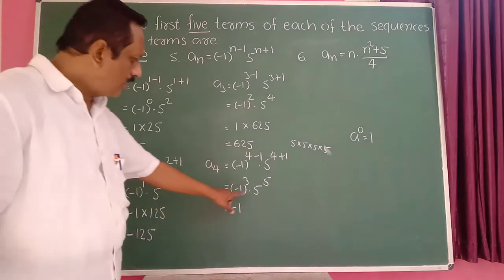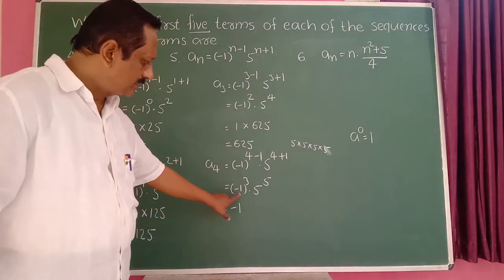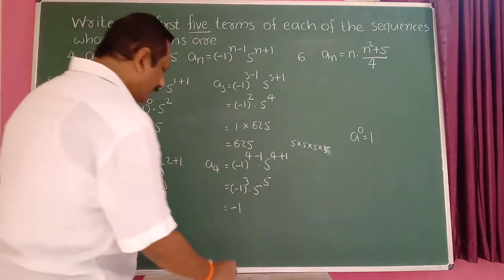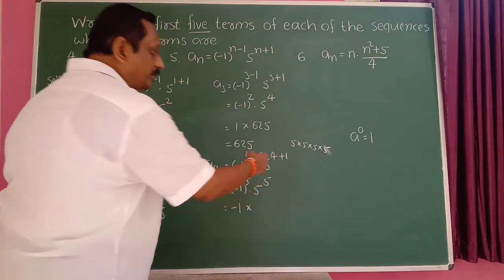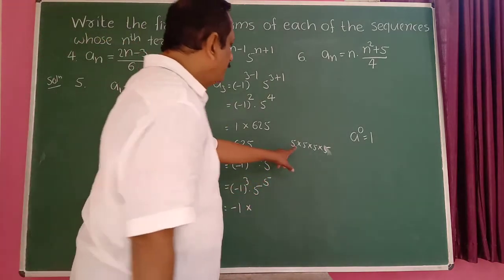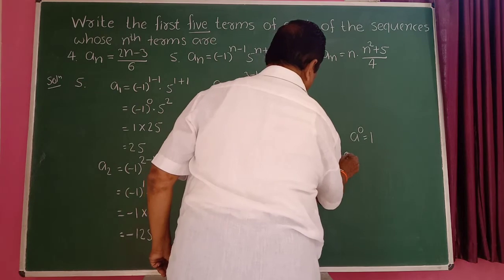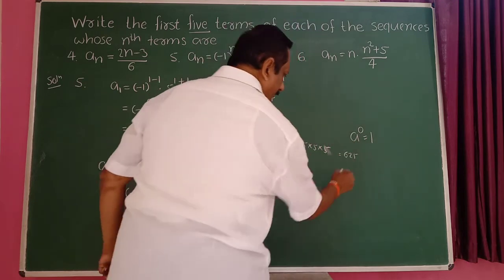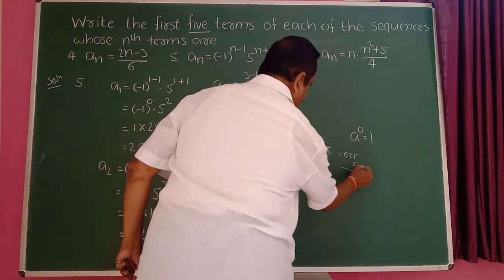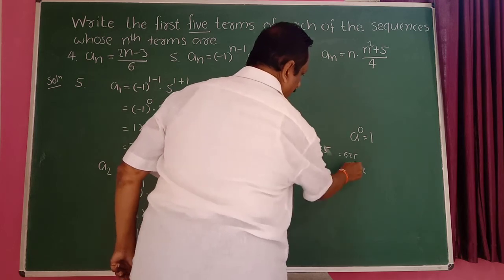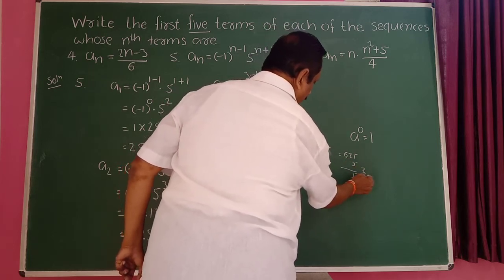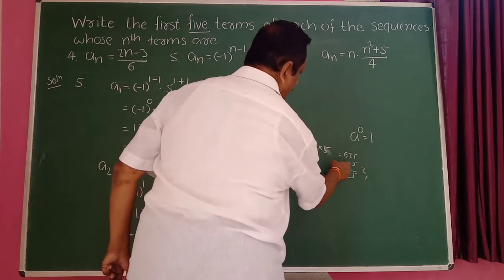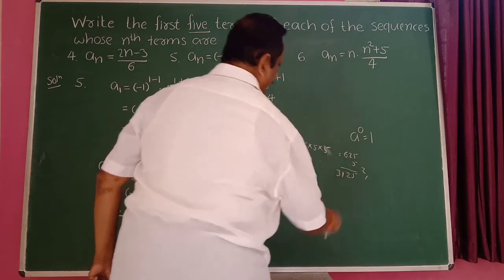So we keep minus 1 into 5 raised to 5. You know 5 raised to 4 is 625. Again multiply by 5. 5 5s are 25, then 5 2s are 10 plus 2 becomes 12, 6 5s are 30 plus 1 is 31.